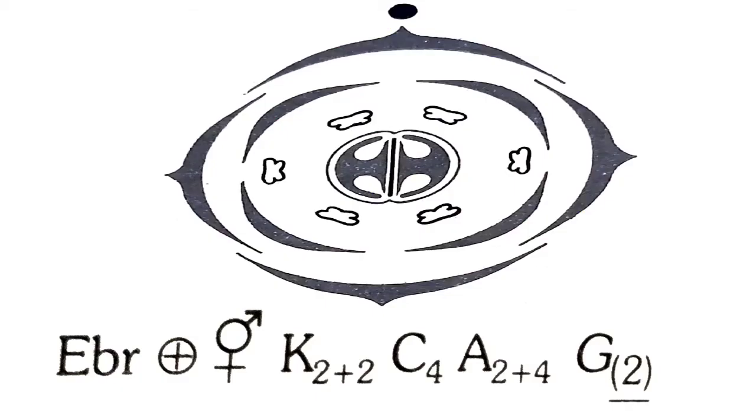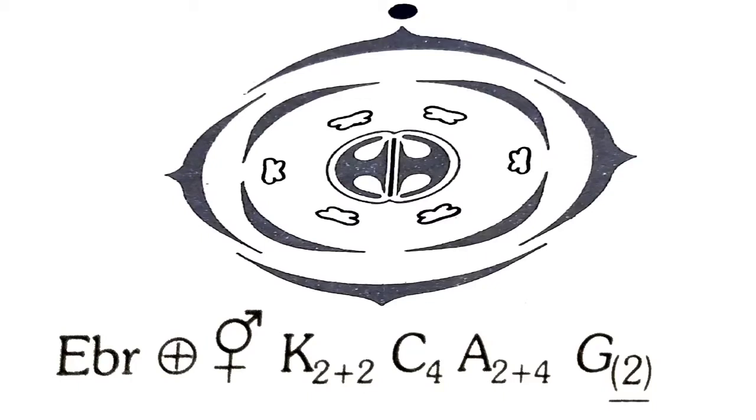This is the floral formula. Ebracteate mostly, actinomorphic, bisexual. Calyx consists of four sepals arranged in two whorls, 2+2.